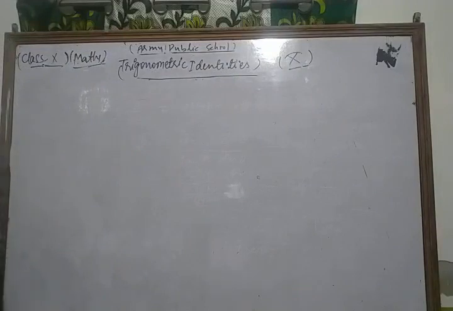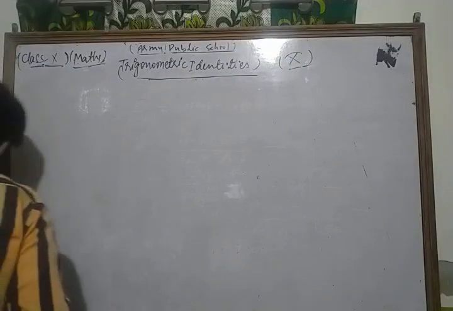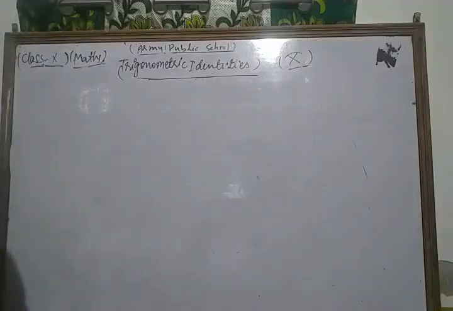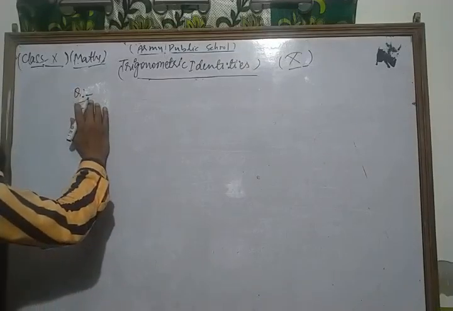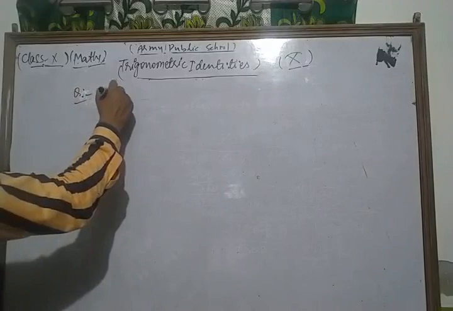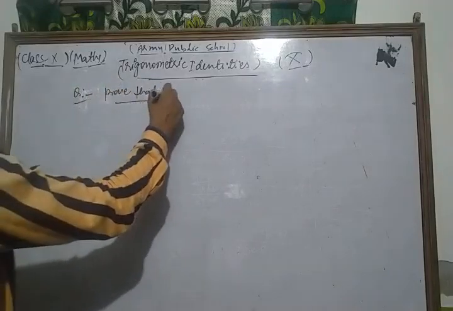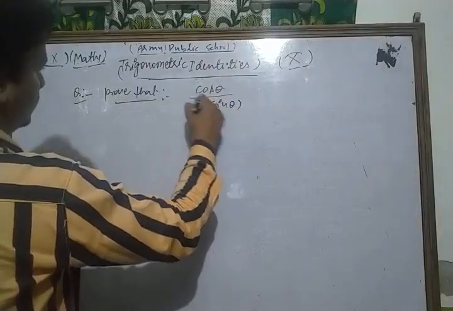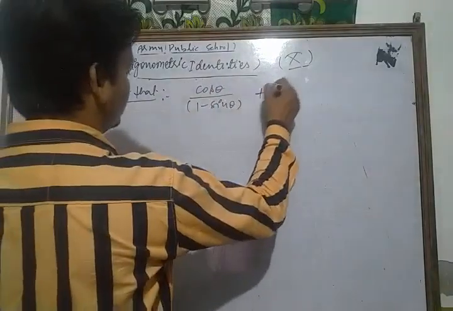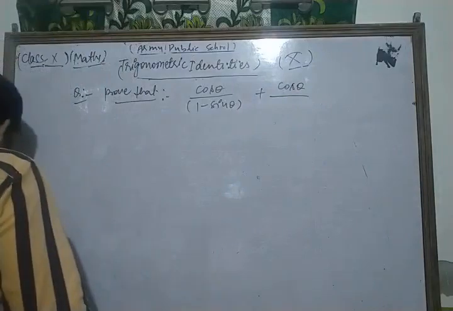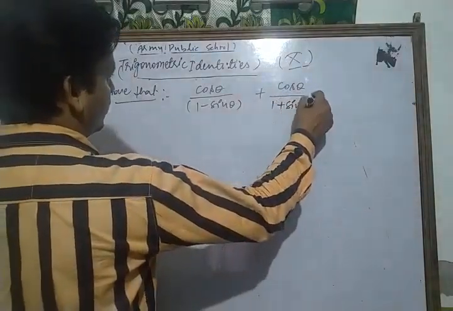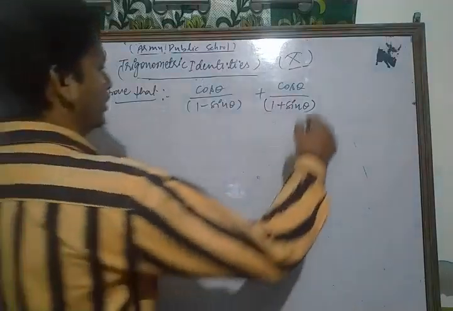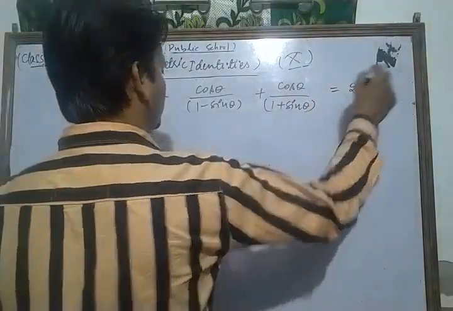And your question is, prove that cos theta upon 1 minus sin theta plus cos theta upon 1 plus sin theta is equal to 2 sec theta.